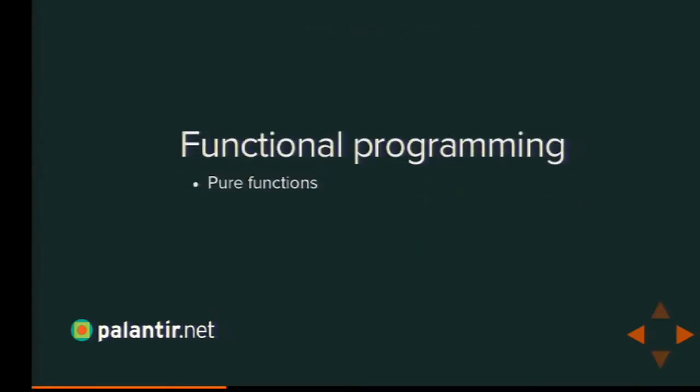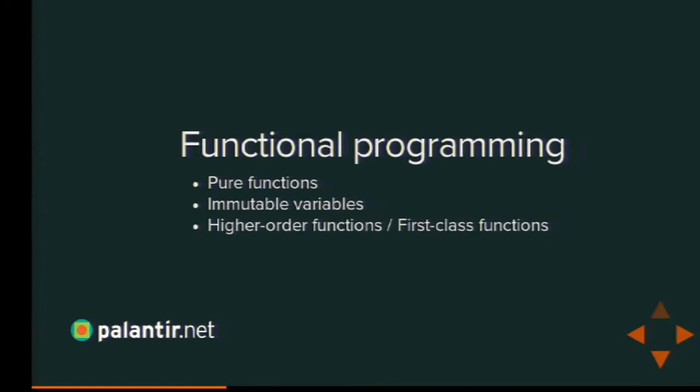Functional programming has three core concepts, which we're all going to go over. Pure functions, immutable variables, and higher-order functions. Higher-order functions and first-class functions are technically different things to the mathematical purists, but they're close enough for our purposes that I'm going to treat them as the same thing. So anyone here who actually has a CS degree, please don't throw tomatoes at me.